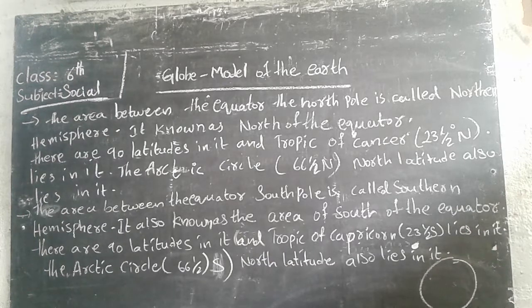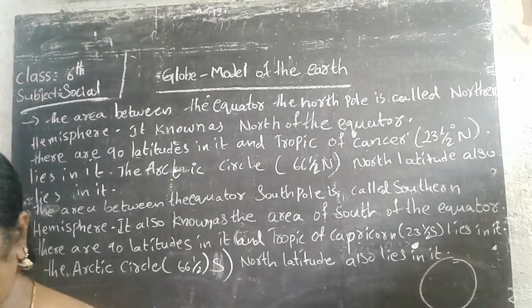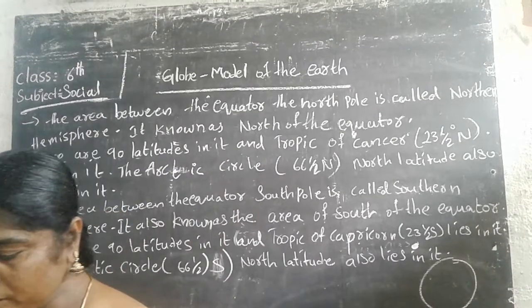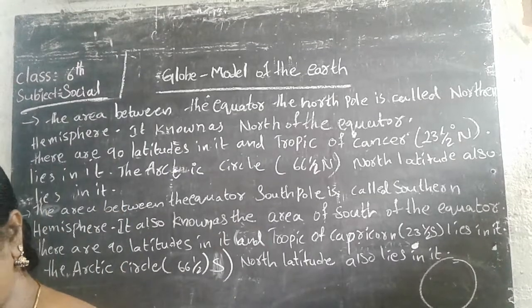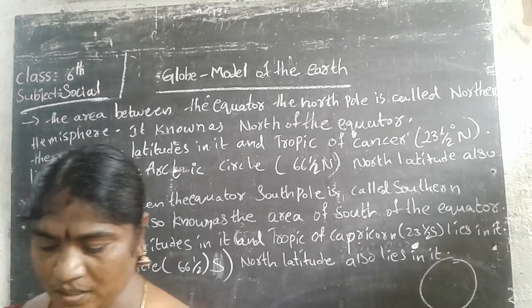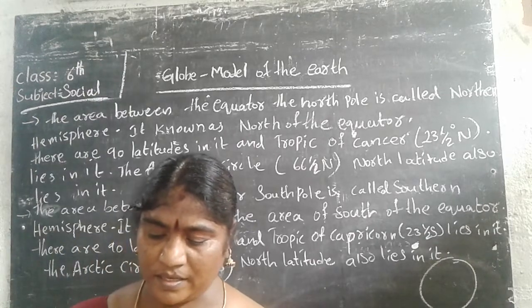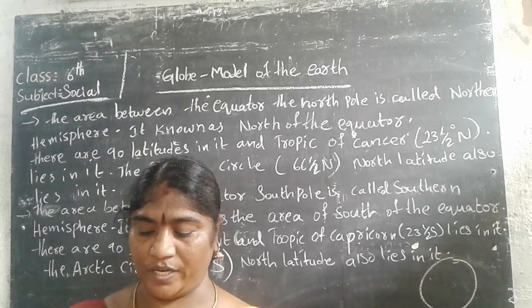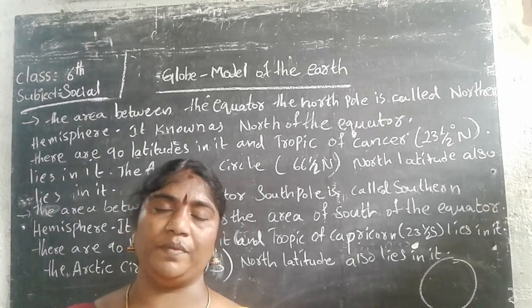What are the 7 continents? Remember again: Asia, Europe, Australia, Antarctica, North America, South America. Yes, 7. One more time: Asia, Australia, Africa, Europe, Antarctica, South America, North America.